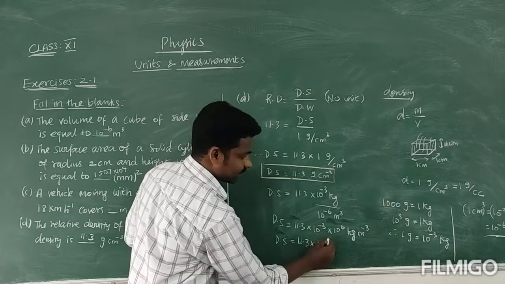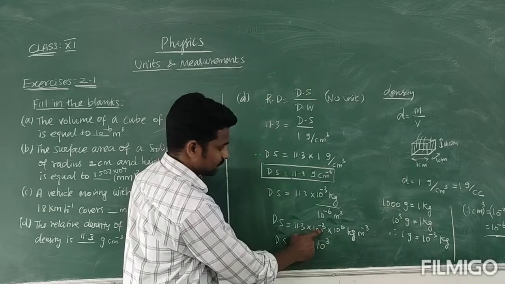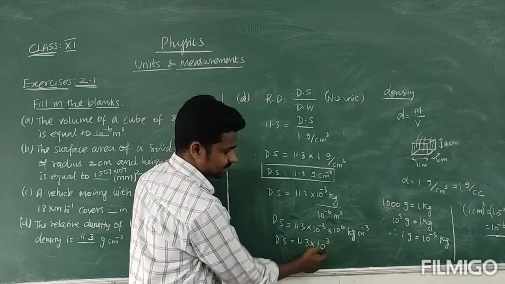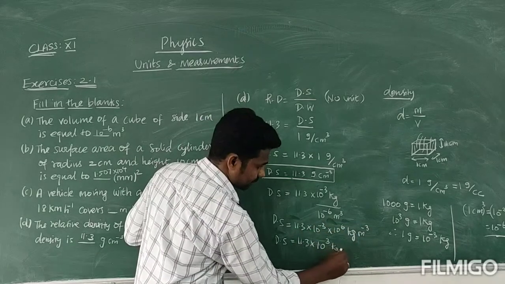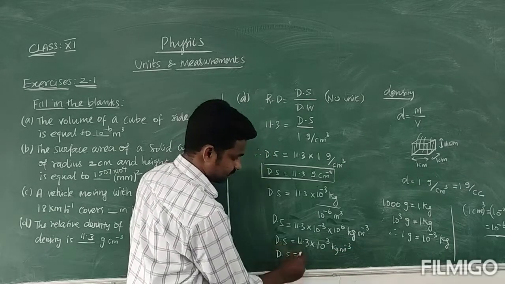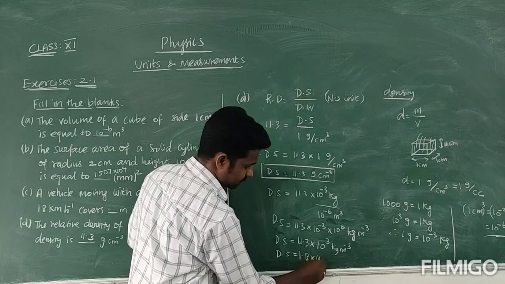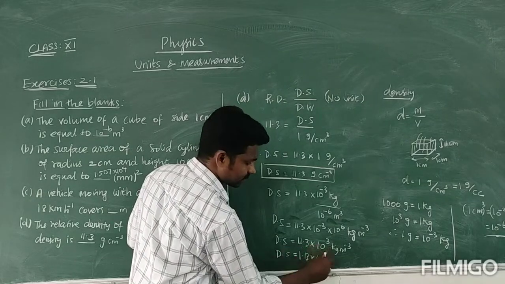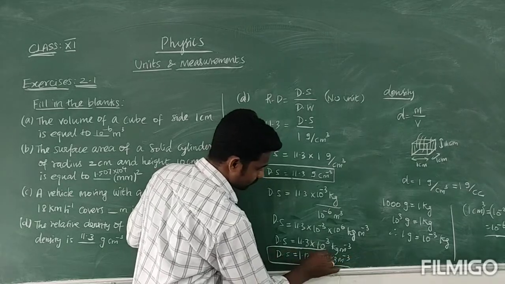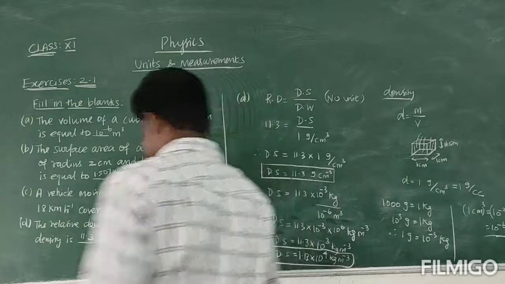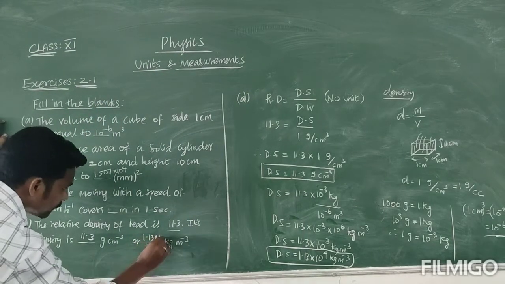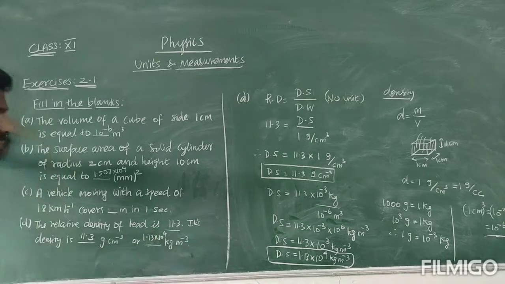So we can write 10 power minus 3 plus 6, that is 10 power plus 3 kilogram per meter cube. Or we can write finally, one decimal, 1.13 into 10 power 1 into 10 power 3, so we can write 10 power 4 kilogram per meter cube. Okay, so now we can say that the answer here is 1.13 into 10 power 4 kilogram per meter cube.